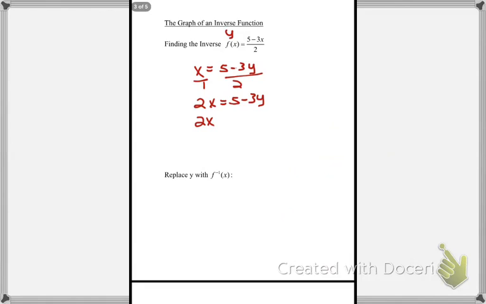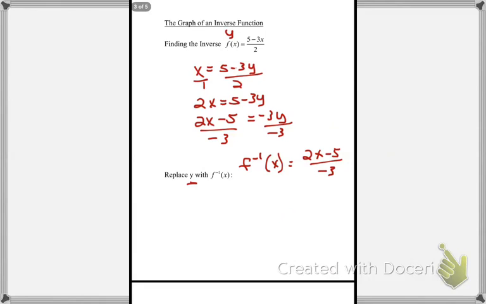Subtract 5 from both sides. And divide by -3. Replace that y with the inverse notation. You can then check on your graph.